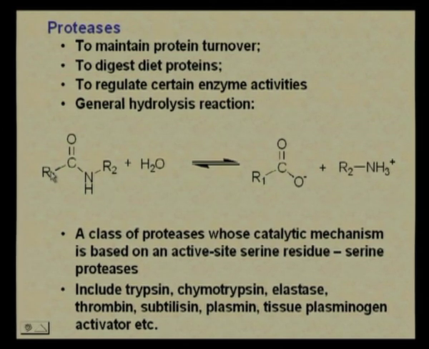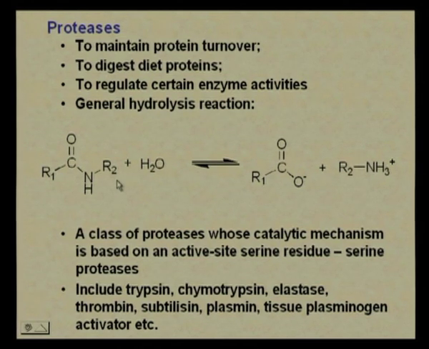In such a reaction, you recognize that this CONH is our peptide bond. Now, what is going to happen is this peptide bond is essentially going to be cleaved. When it was formed, if you remember, we had the NH2 and the COOH of 2 amino acids link up together to form the peptide bond with the release of H2O.